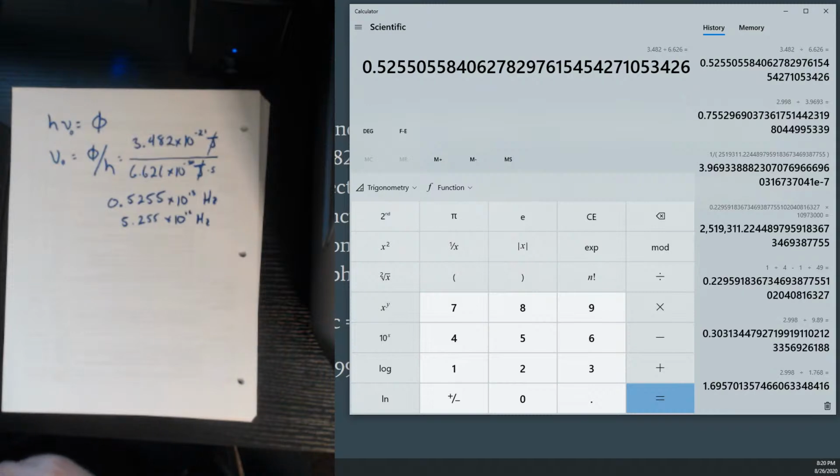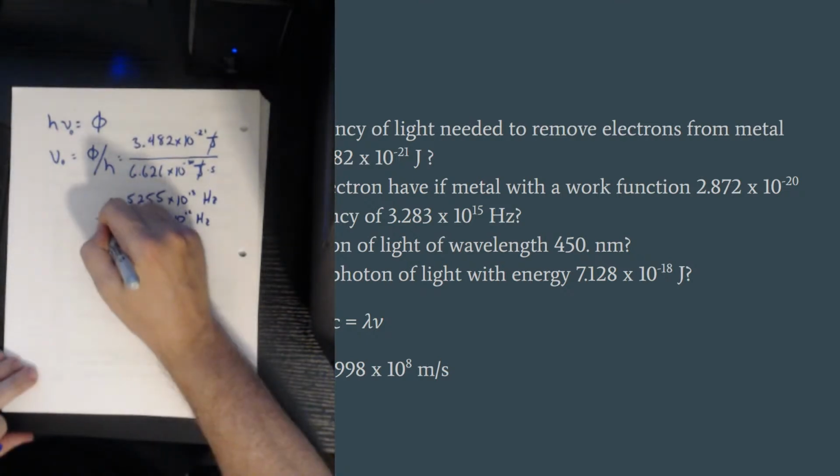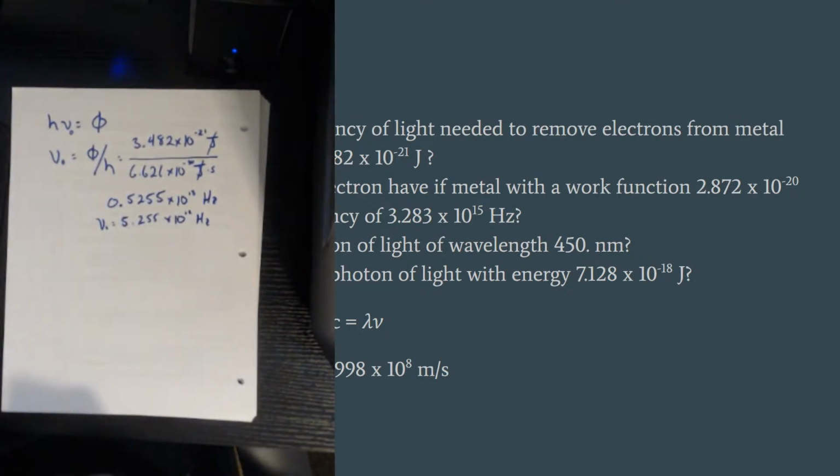Okay, did I ask anything else in that question? I often do. Nope, that's just the minimum frequency. Nu 0 is equal to 5.255 times 10 to the 12th hertz.